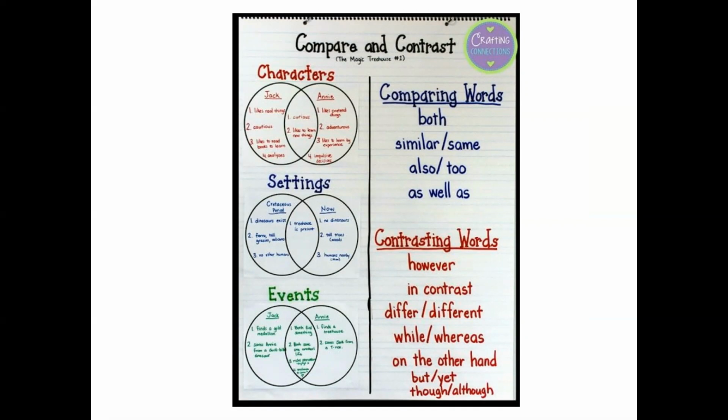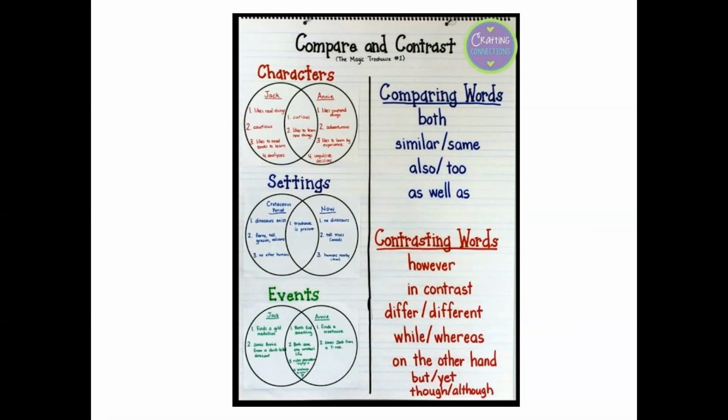However, I will be using another chart. But you can always use a Venn diagram, as we've done in class, to help you organize the similarities and differences between characters, settings and events in the story, so that you can understand more about stories and how they relate and how they're different, and make some inferences on what all these similarities and differences teach us overall, helping us understand what a story is about.